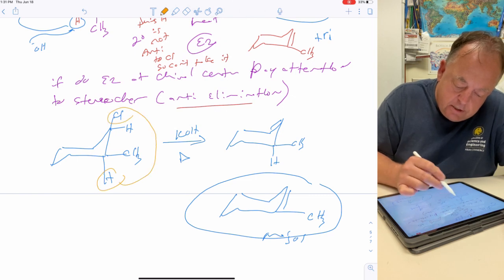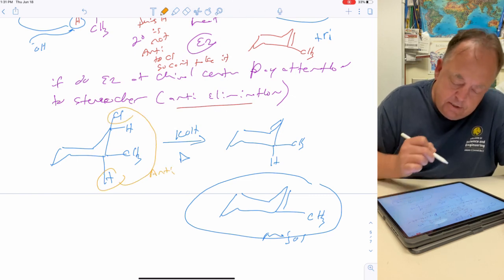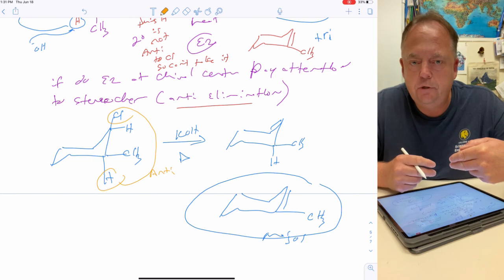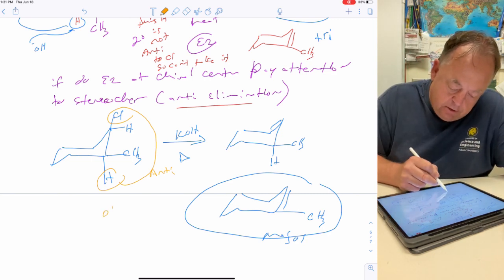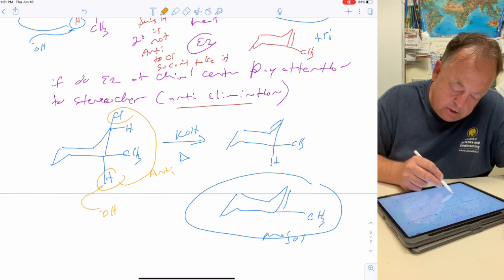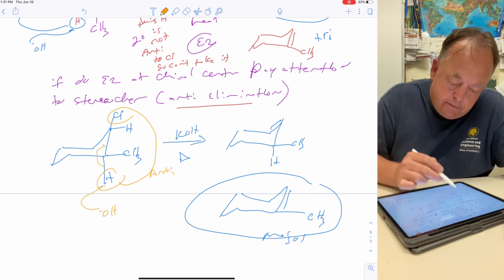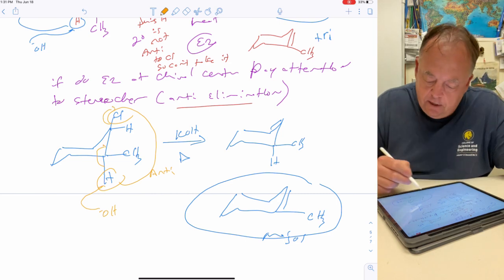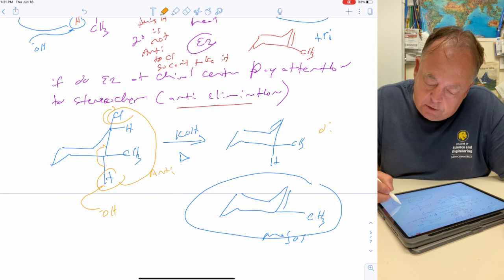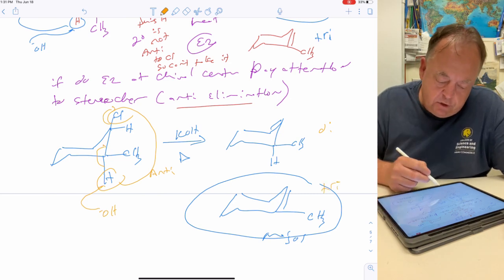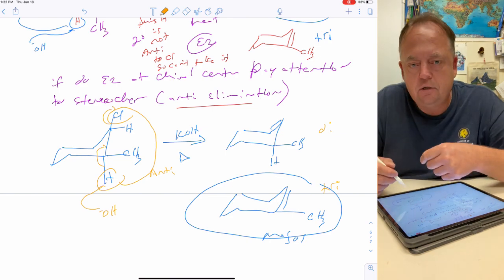That hydrogen is anti. Since they're 1,2 with respect to each other and both axial, they're anti to each other. So now the base hydroxide can take this hydrogen. Those electrons can go there to make a double bond, and the chlorine can leave. And now your major product is the tri-substituted product. So again, the stereochemistry of the starting material determined which product you could make.